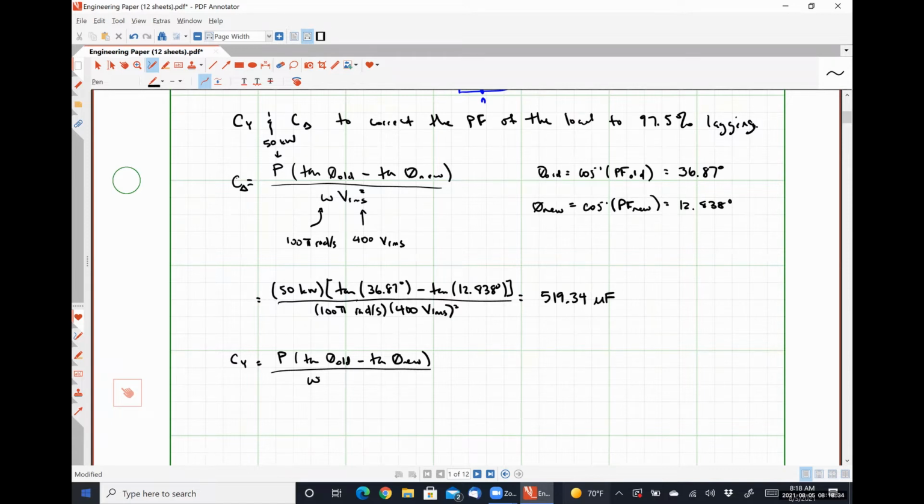So that would just be VL over the square root of 3 quantity squared, which is literally just going to be 519.34 microfarads divided by a factor of 3, or 173.113.